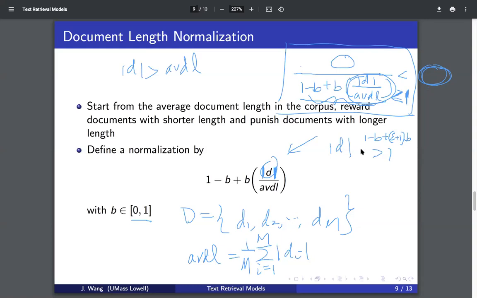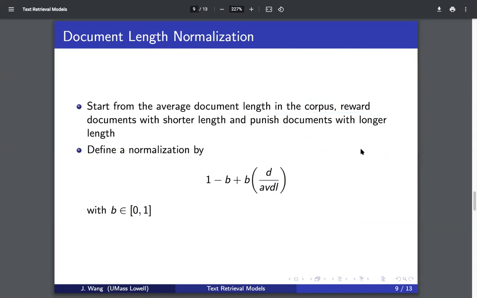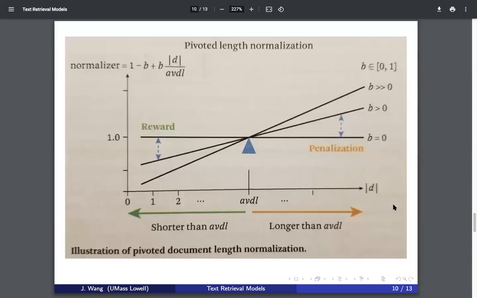Now we can put them together to come up with a measure. This diagram is just the explanation of what I just said. Depending on the B value, with a smaller B your punishment and reward are smaller, and with a larger B your punishment and reward will be bigger.